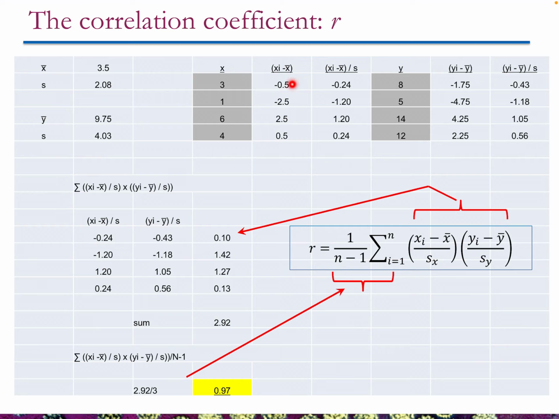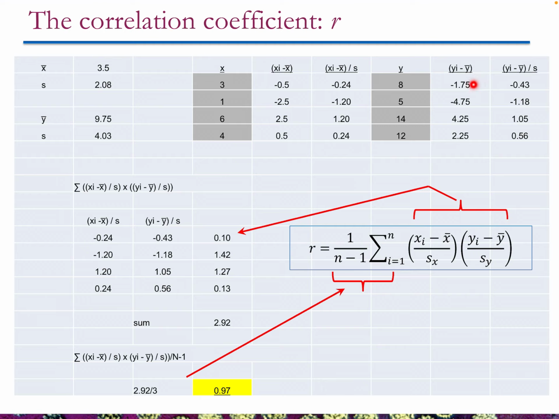Right here for x, we take our x sub i minus the mean for our first data point, minus 0.5, and divide that by 2.08 and get minus 0.24. Take the next one, x sub i minus the mean of minus 2.5 divided by 2.08, minus 1.2, and so on down the line. Do the same thing over here for y.